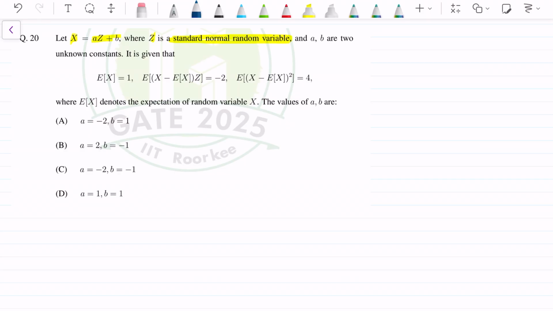ये बोल रहा है कि z is a standard normal random variable, so we know that expectation of z would be 0. That's the one thing.